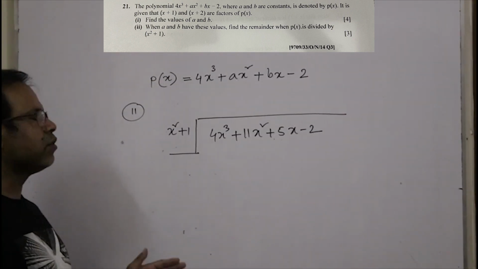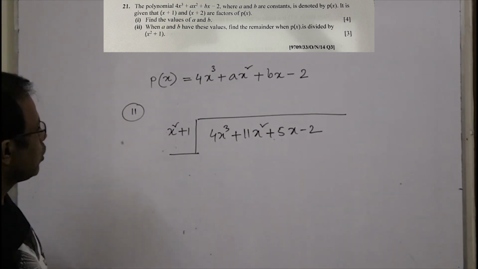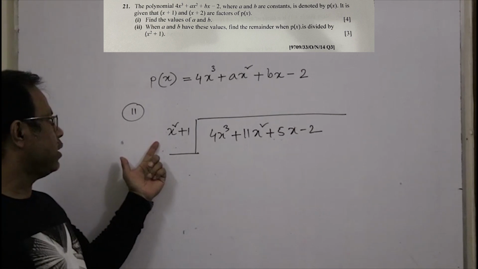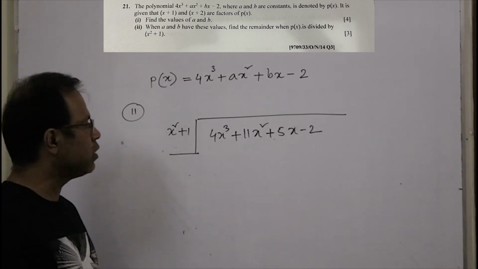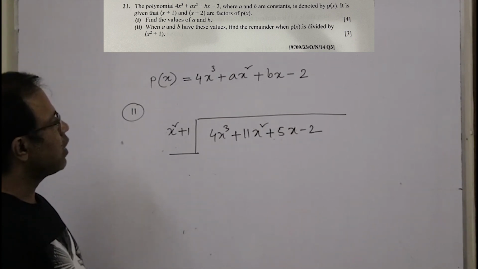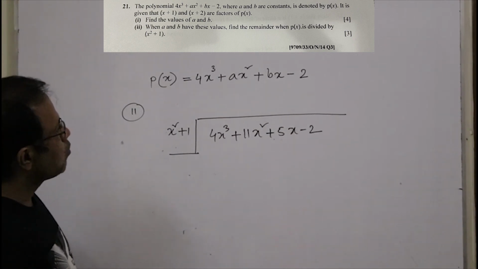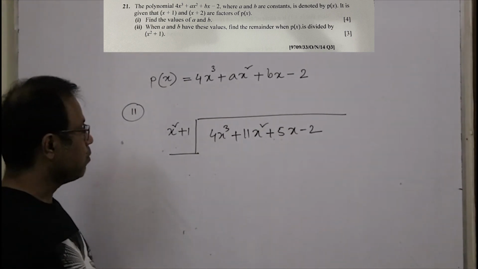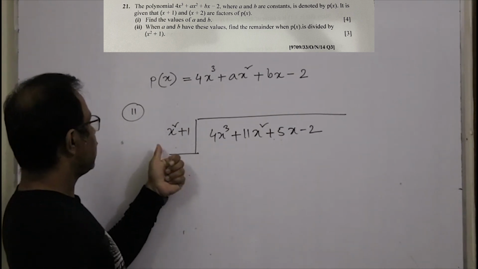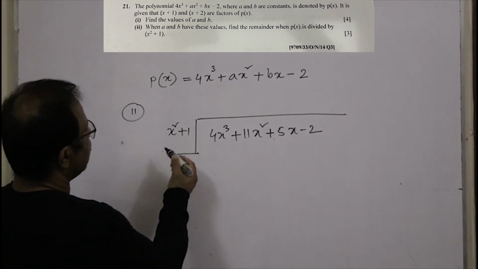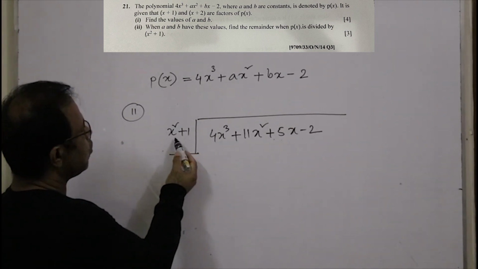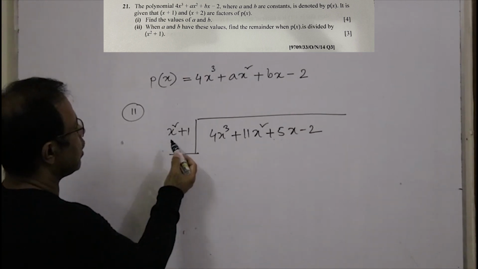This is our answer for part 1. Now we need to find the remainder. Our divisor is x squared plus 1 and the dividend is 4x cubed plus 11x squared plus 5x minus 2, after putting the values of a and b. Now here 4x cubed, how many times will x squared go?